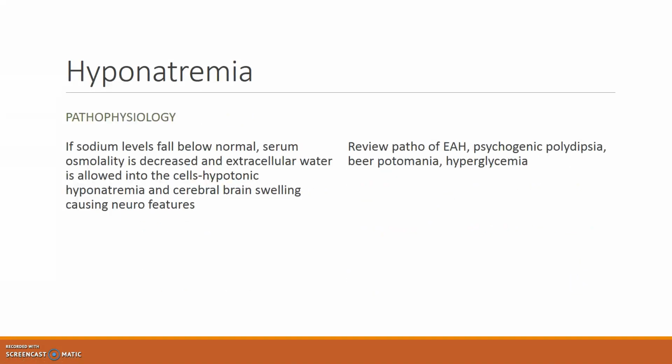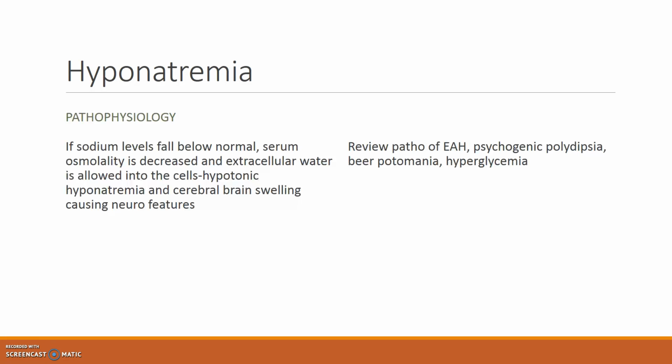Patho-wise, just remember, if sodium falls below normal, serum osmolality is decreased and extracellular water is allowed into the cells. That's considered hypotonic hyponatremia. And so people experience cerebral brain swelling, and that is what causes those neuro features of hyponatremia. I want you to review the pathophysiology or the pathogenesis of exercise-associated hyponatremia, the psychogenic polydipsia, and the beer potomania and hyperglycemia.